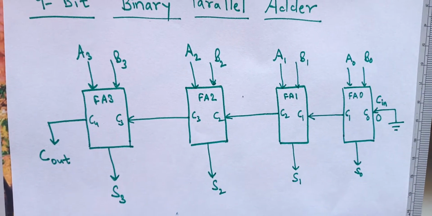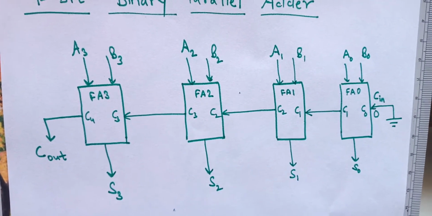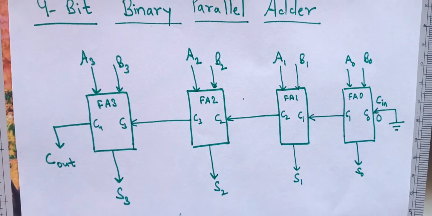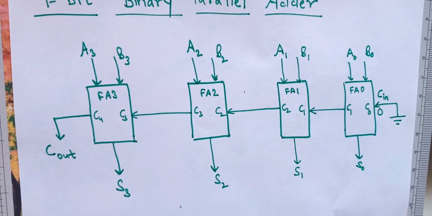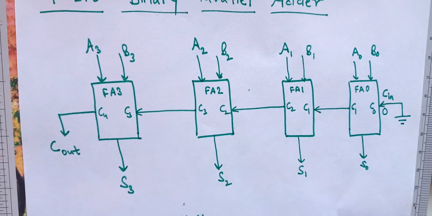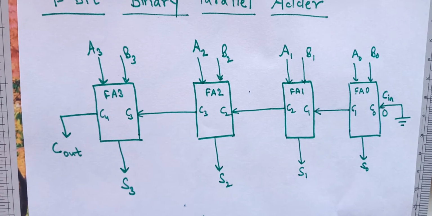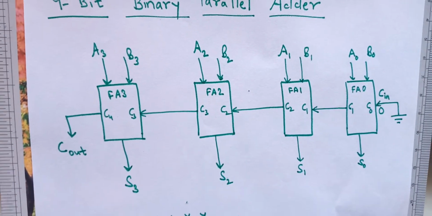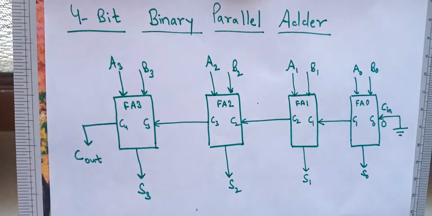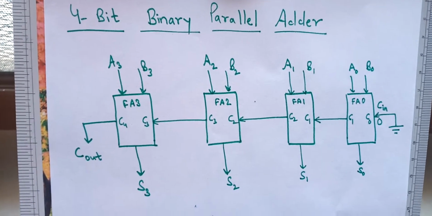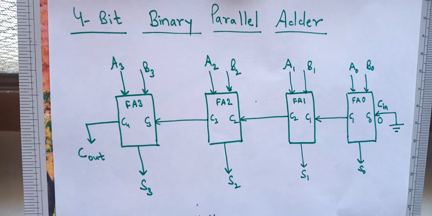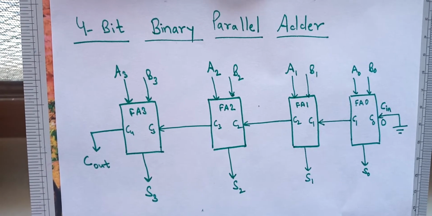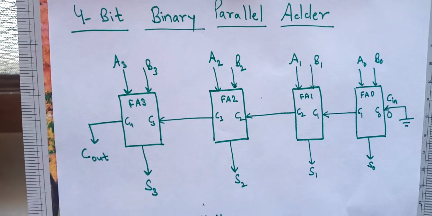Similarly, the C2 which is the carry output of FA1 will become the input carry for FA2, and it already has A2 and B2 as 2 inputs. So C2 becomes the third input, and these 3 inputs sent to full adder 2 will give 2 outputs, S2 and C3.